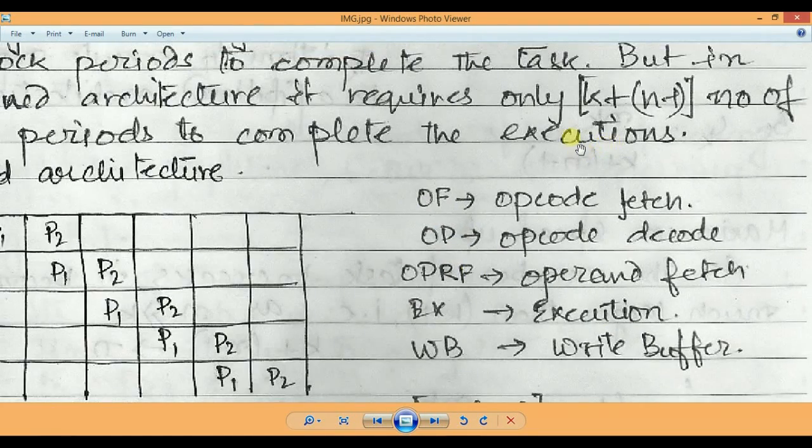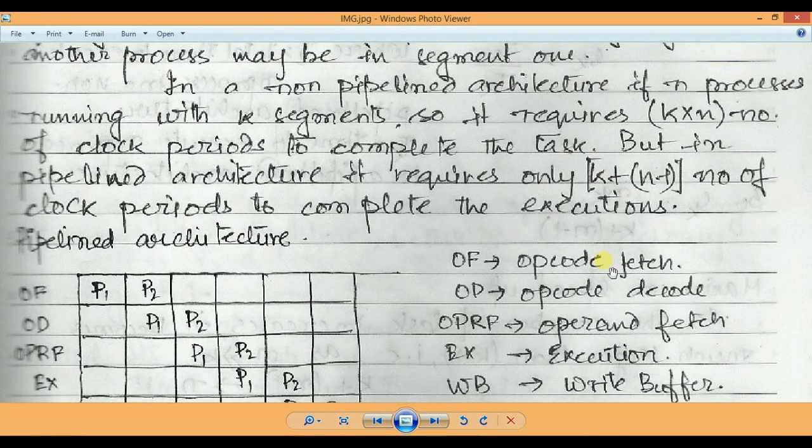So it's saying here, in a non-pipelined architecture, meaning one in which pipelining has not been implemented, if n processes run with k segments, and suppose the time to execute one segment is one clock period, then the total time would be k into n, because there are n processes and k segments, so k into n number of clock periods.